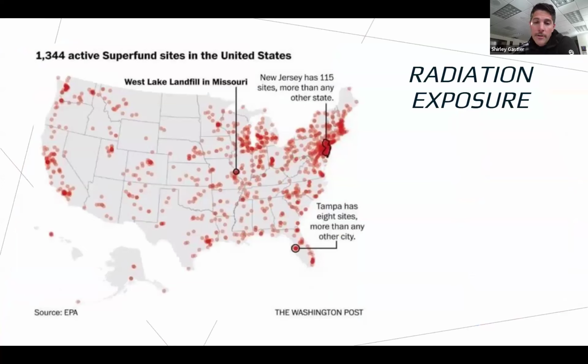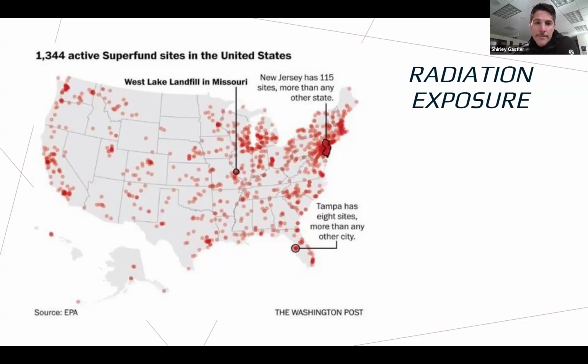Radiation exposure, another hot topic I know we have here in the Midwest. There's a good number of Superfund sites in the United States, obviously a lot on the East Coast, but here in the St. Louis area, we're part of the Manhattan Project, and we have a handful of Superfund sites in the area.